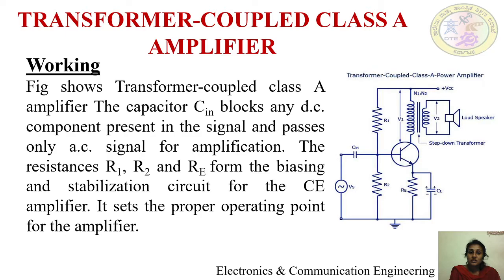As we know, the transistor is temperature dependent. In order to make it independent of temperature, we are using a stabilization circuit. The circuit used is in CE configuration, that is a common emitter amplifier circuit, and it sets the proper operating point for the amplifier.